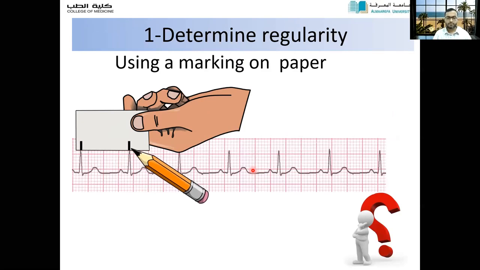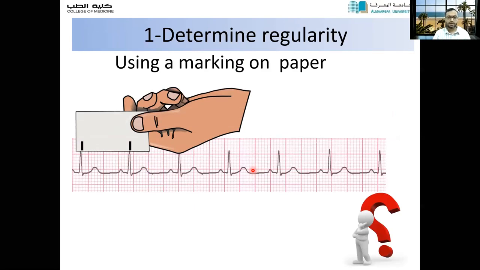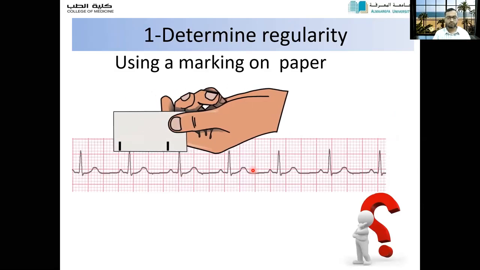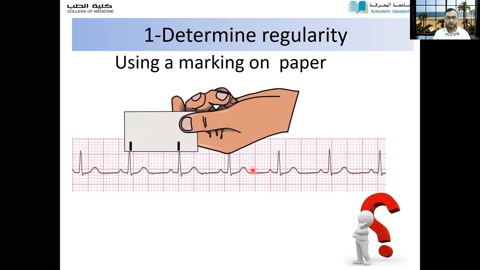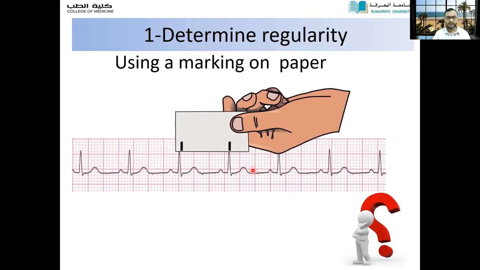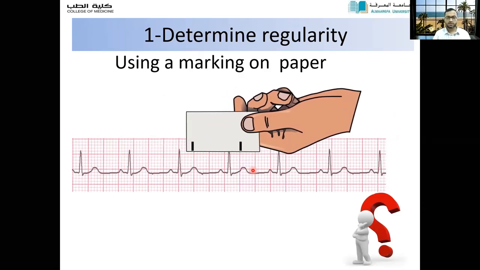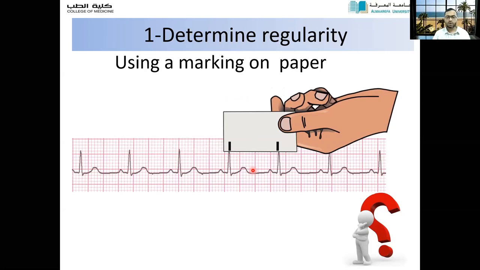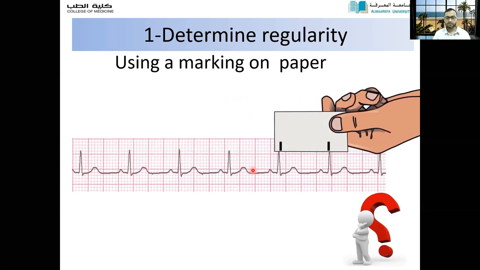Then simply keep moving the paper along the ECG to check whether our intervals are the same throughout this rhythm strip or not. Once you have done that, you can say this is regular, because all RR intervals are the same. So our interpretation will be that it's regular.